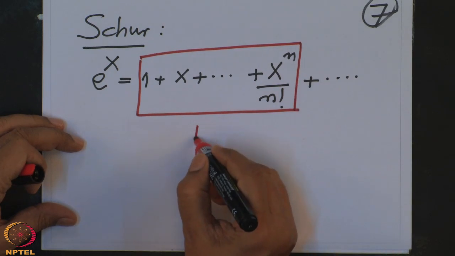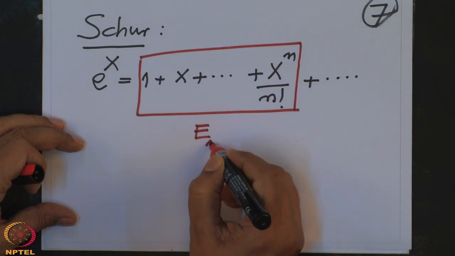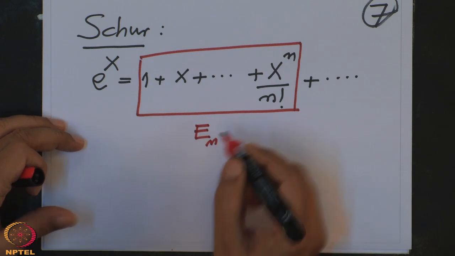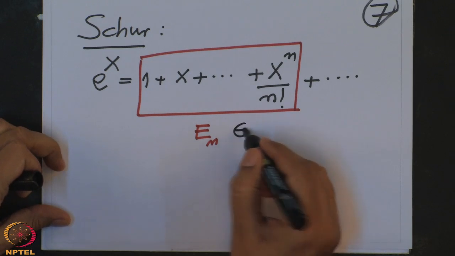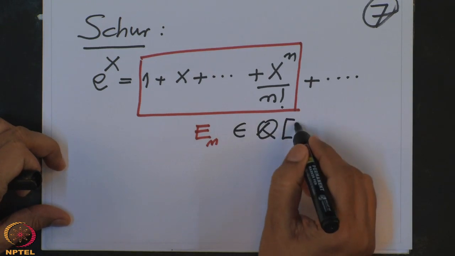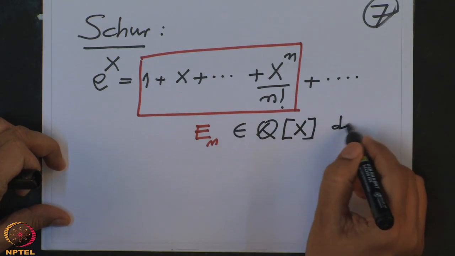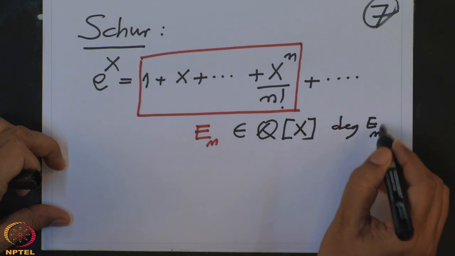And that I will call En. This is a polynomial in Q[x]. Degree of En is n.